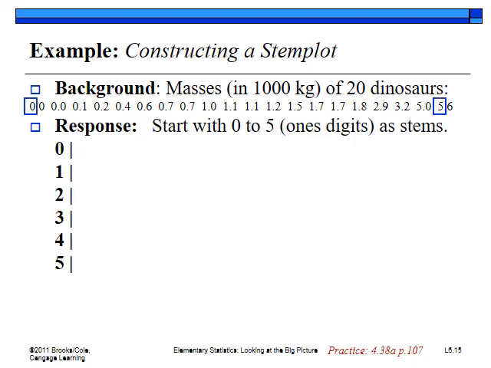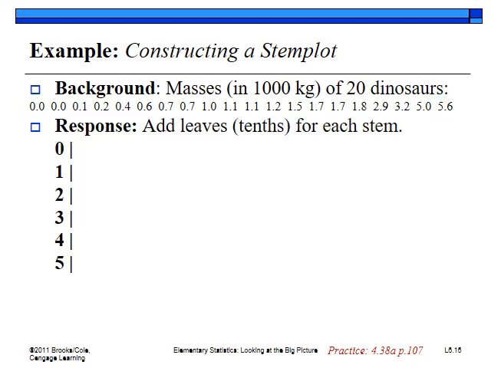We'll use the first digit of each of the data values to create the stems. Notice that the smallest first digit is 0 and the largest first digit is 5. So we'll start with 6 stems consisting of the numbers from 0 to 5 inclusive. Now that we have our stems, let's add the leaves, which will come from the next digit.